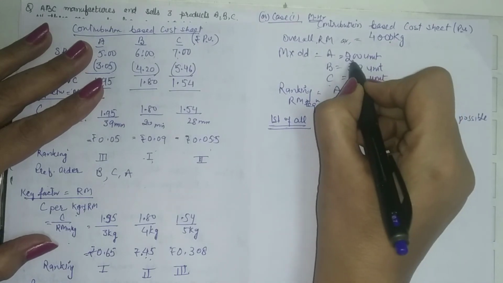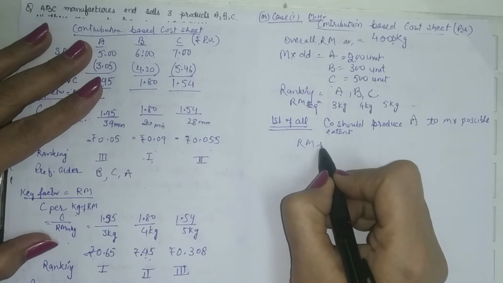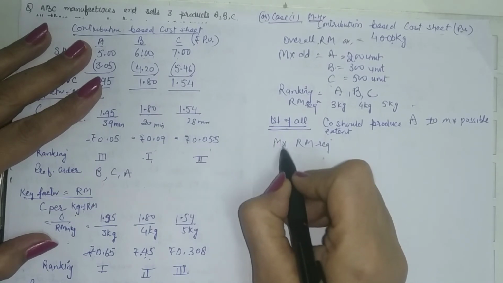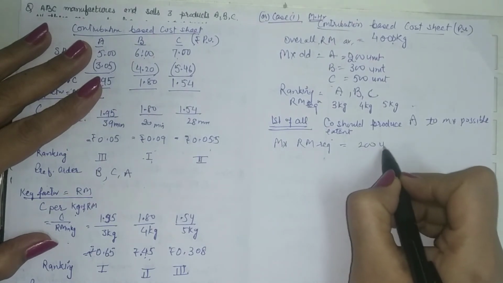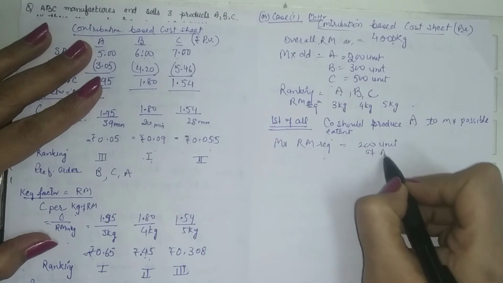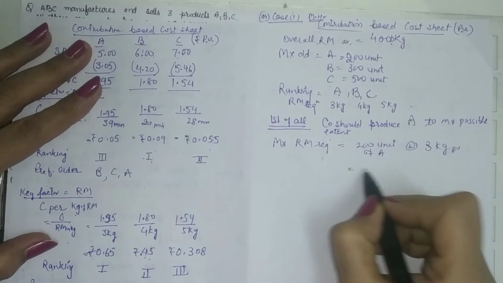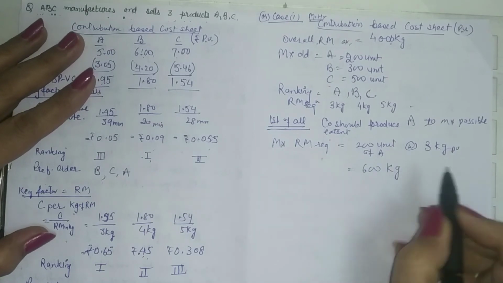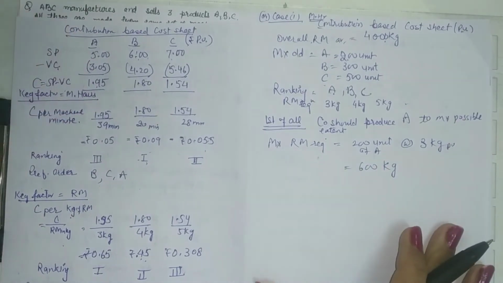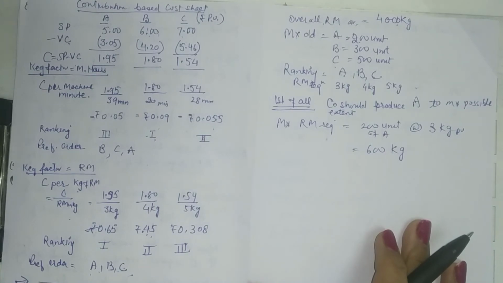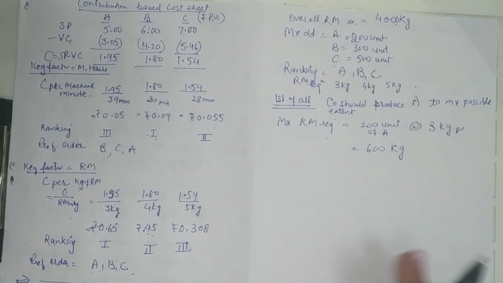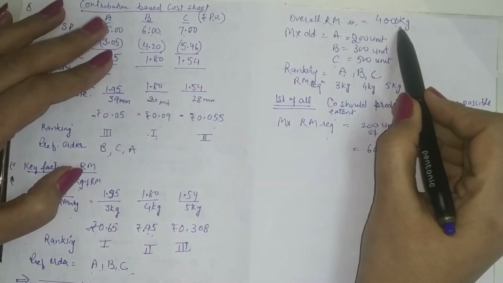For A it is 200 units. So the maximum raw material requirement will be 200 units of A at the rate of 3 kilogram per unit. That means you can have a maximum of 600 kilogram of raw material being used here. That can easily be done because you have a maximum raw material of 4000 available.